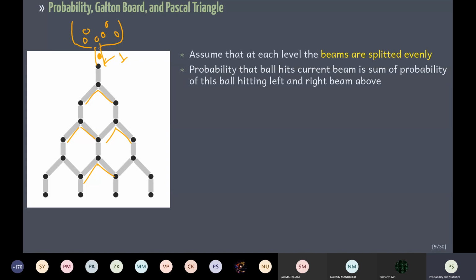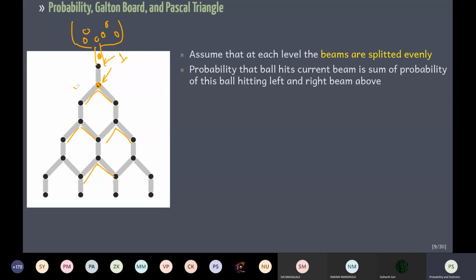So all the balls will definitely hit this first divider, and the probability of hitting it is 1. So let us start from here. The ball entered here, this is the first divider it hits, and then what is the probability that it will go in the left or the right direction?